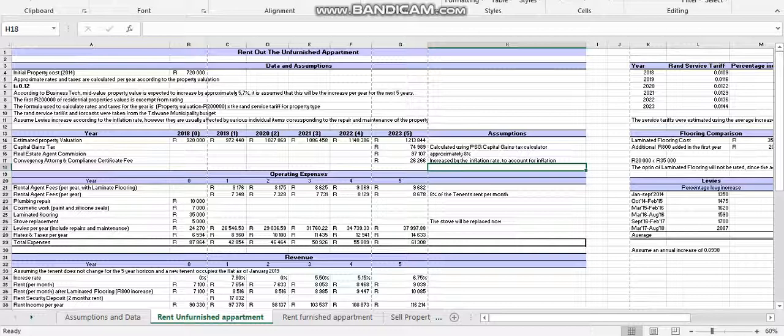Firstly, rates and taxes needed to be calculated. So it is assumed that the approximate rates and taxes were calculated per year according to the property valuation.